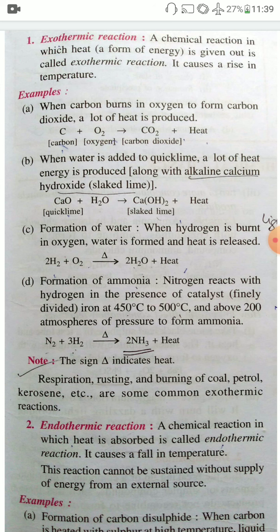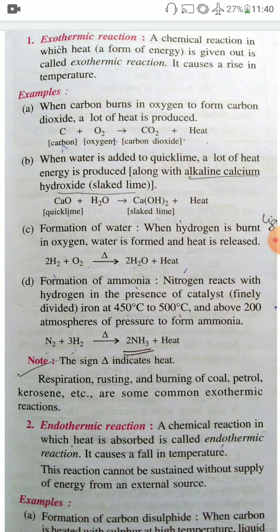Second example: when water is added to quicklime, that is CaO, calcium oxide, what will happen? A lot of heat energy is produced along with alkaline calcium hydroxide, Ca(OH)2, which is called slaked lime. Quicklime means calcium oxide, CaO.